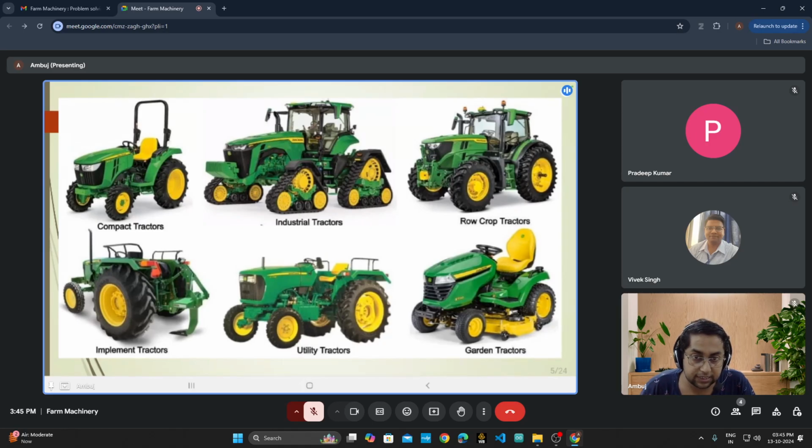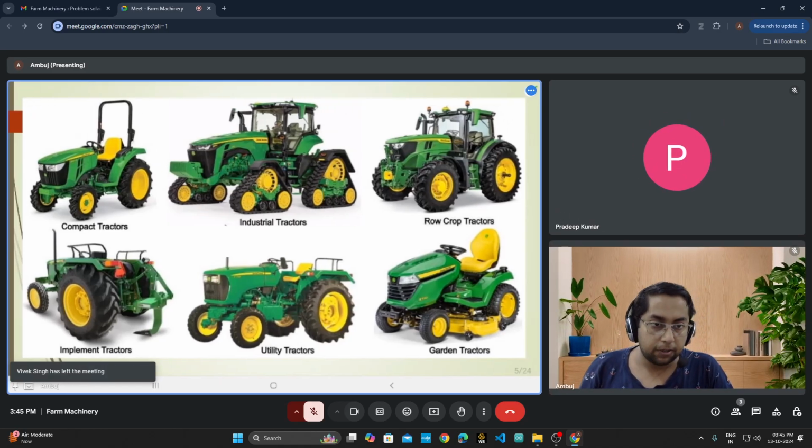Then utility tractors, they are also general purpose tractors. Much difference is not there, but utility tractors are generally made for haulage purpose, while implement tractors are used for attaching and for field operations. Then garden tractors are there.